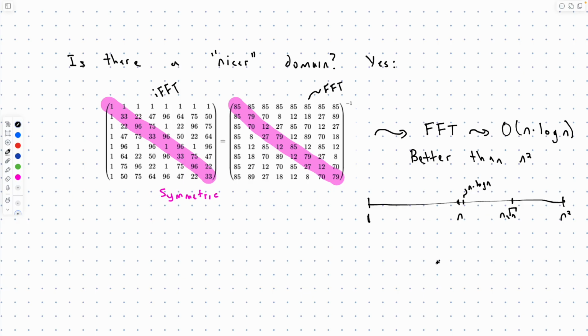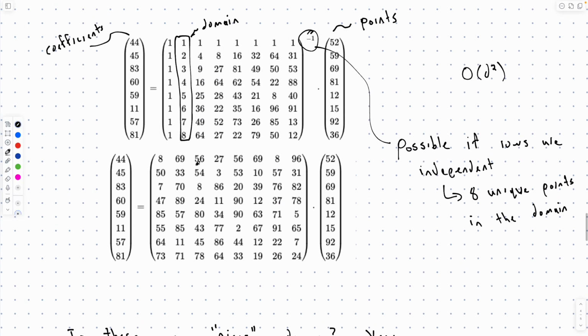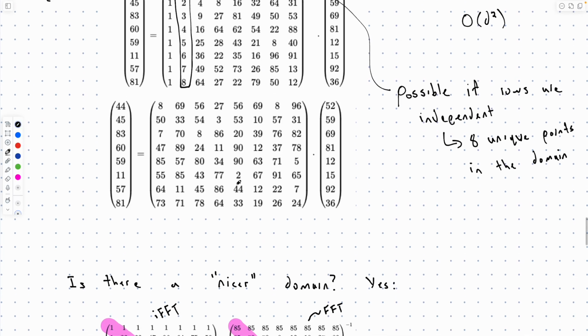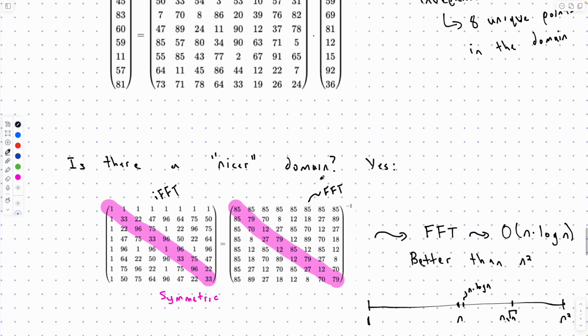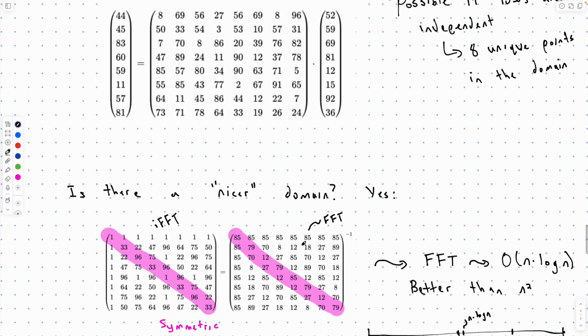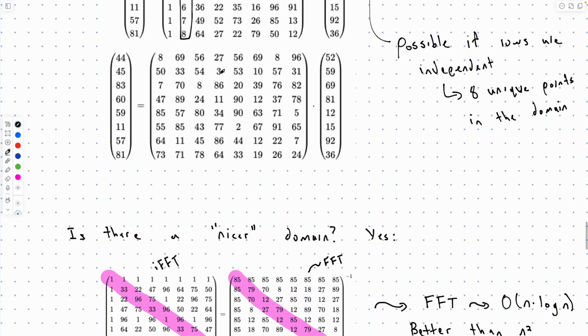Sorry, can you restate the outline of this algorithm? So the fast Fourier transform is just, I use this matrix and I plug it into this. Yeah, so the fast Fourier transform is basically just a matrix; you find it, and once you find the matrix, then you just do matrix multiplication.